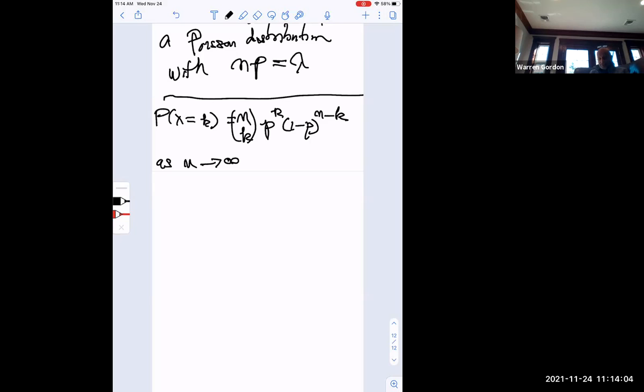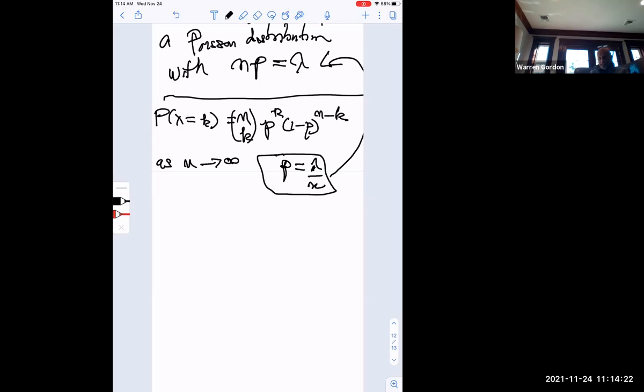Okay. So I'm going to replace p with lambda over n from here.